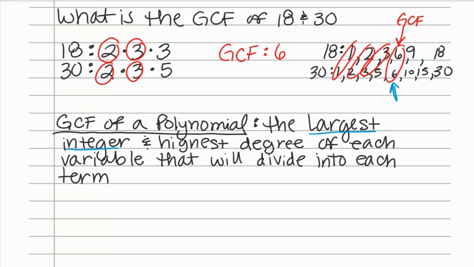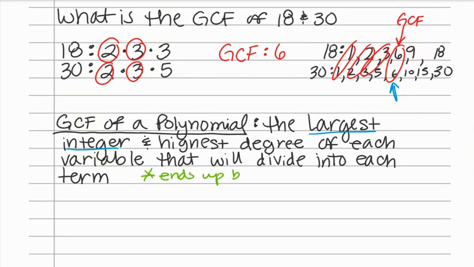The next part talks about the variables within the polynomial. And we'll see this in some examples, but the part where it says the highest degree of each variable that will divide into each term, basically what you'll see as we go along is that it really ends up being the lowest degree variable, which seems strange because this says highest degree, but we're going to come back to that.